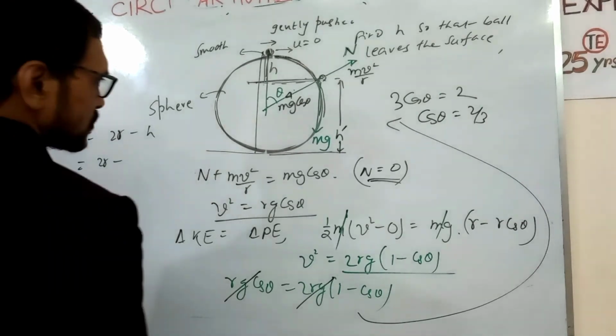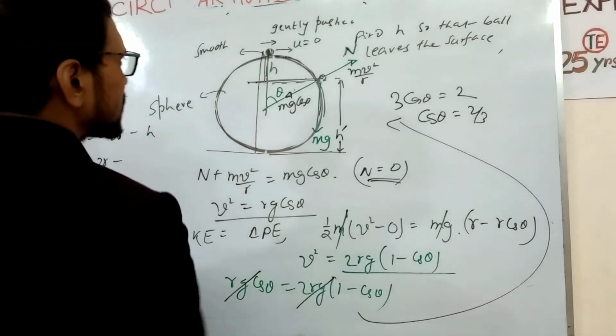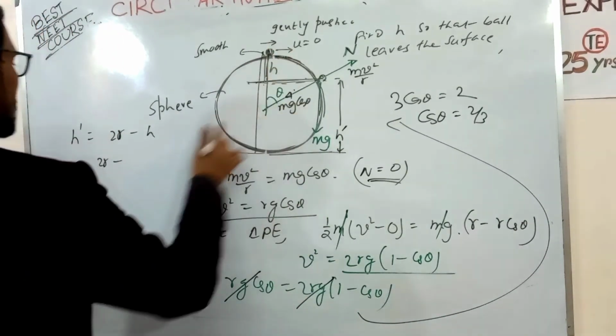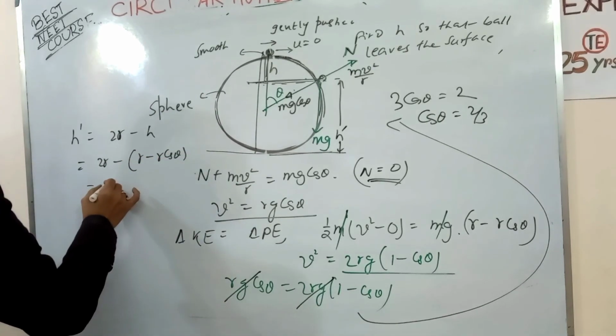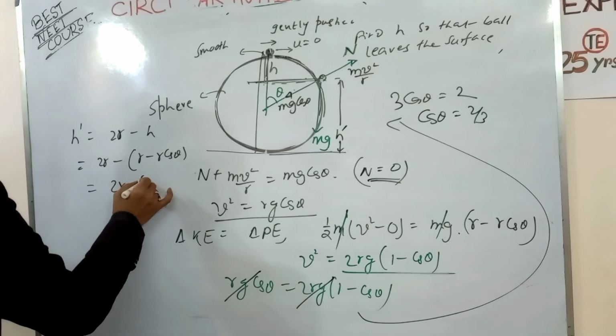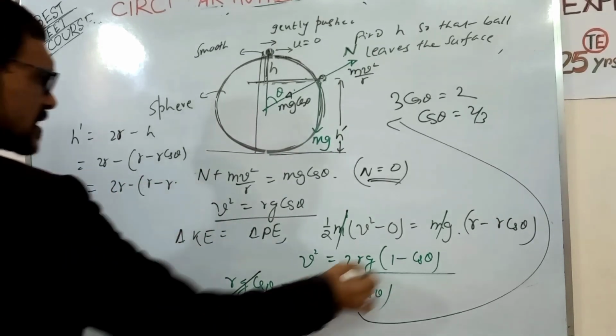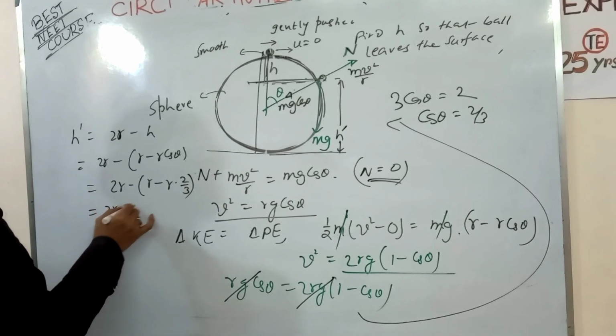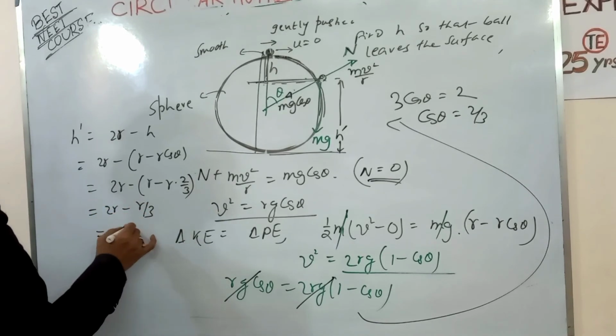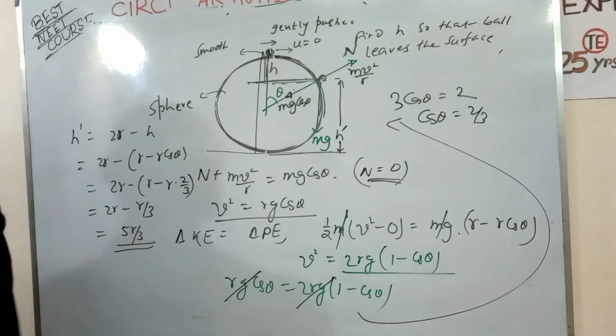H equal to r minus r cos theta, and cos theta equal to 2 by 3. So h equal to r minus 2r by 3, that is r by 3. So 2r minus r by 3, that is 5r by 3. So this is the answer. So h dash equals 5r by 3.